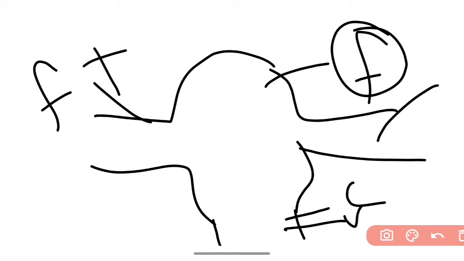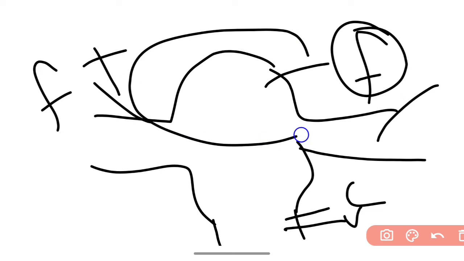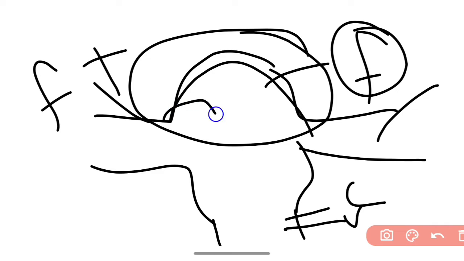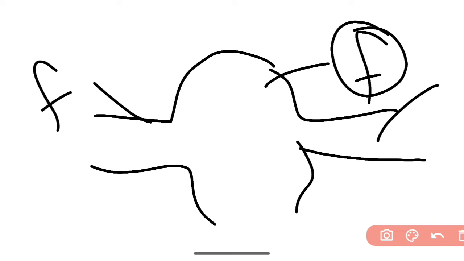Why am I drawing this diagram? You have to concentrate on the fundus. The fundus is protruded in the normal uterus, whereas in the diseased uterus the fundus will have an indentation.